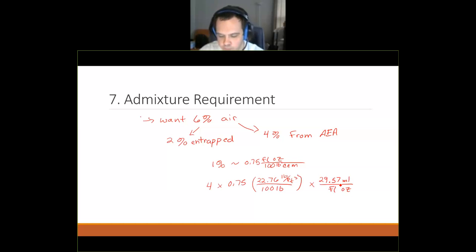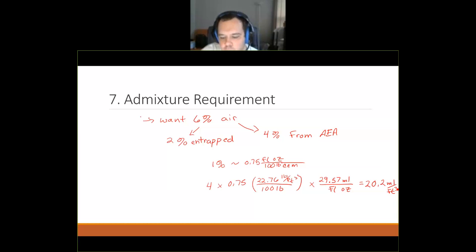All right, and so when I multiply all of that together, I am left with 20.2 milliliters per cubic foot of concrete.